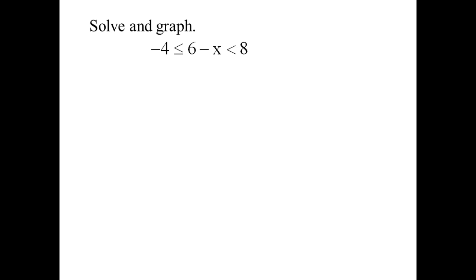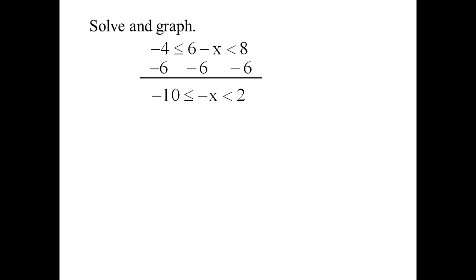Okay. Now, as someone pointed out before, how would we start here? Good. Negative 4 minus 6. What goes in the middle? Negative x.